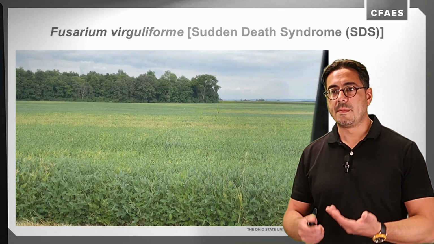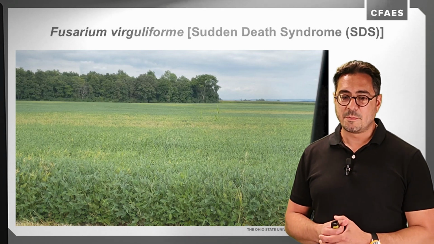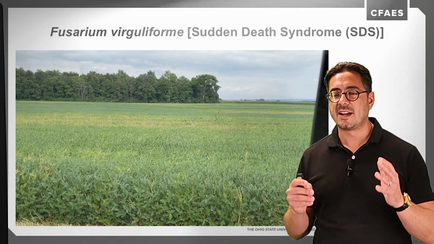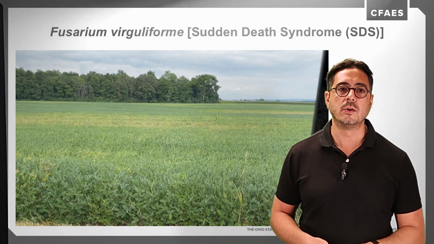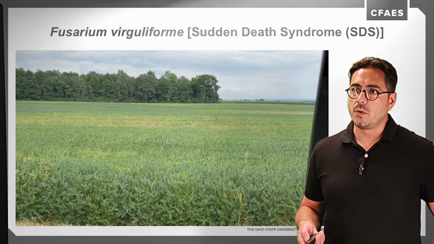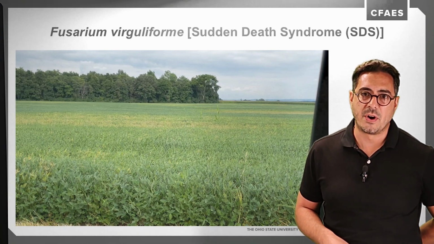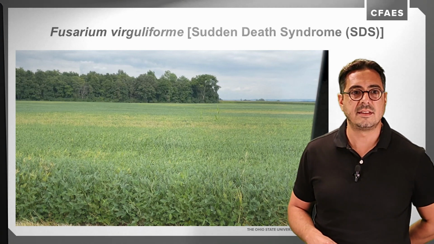Finally, I want to wrap up by reminding people that August and September are really the months that we need to be looking out for different diseases. The one that shows up most often and is very prevalent throughout Ohio is sudden death syndrome.